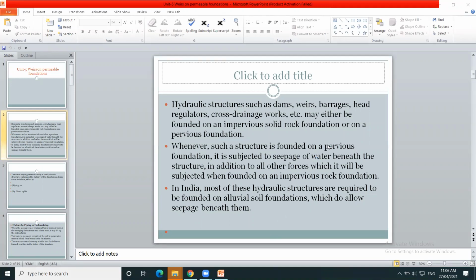They are founded on an impervious rock foundation. Some structures may be founded on pervious, permeable foundations. Whenever such a structure is founded on a pervious foundation, it is subjected to seepage of water.